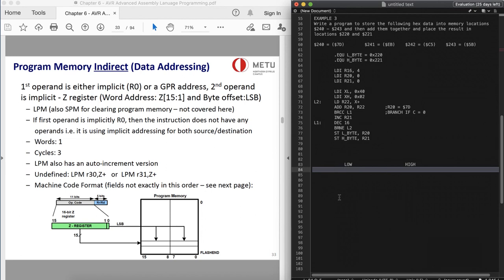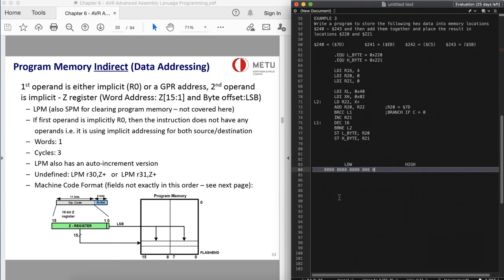So the low bytes, let's say, start with 000. The last bit of that, which I'm going to separate, is going to be the low byte of the data.